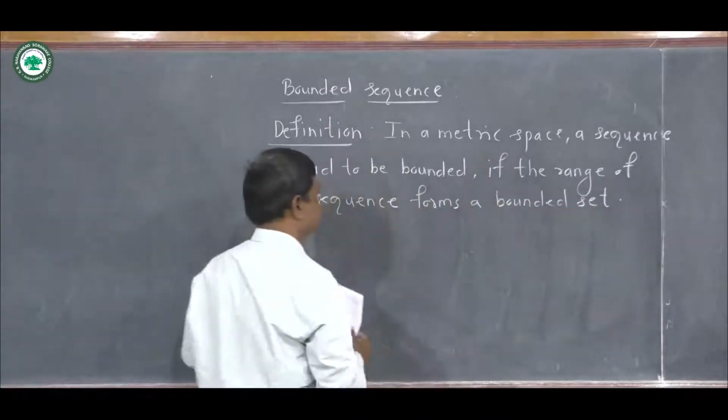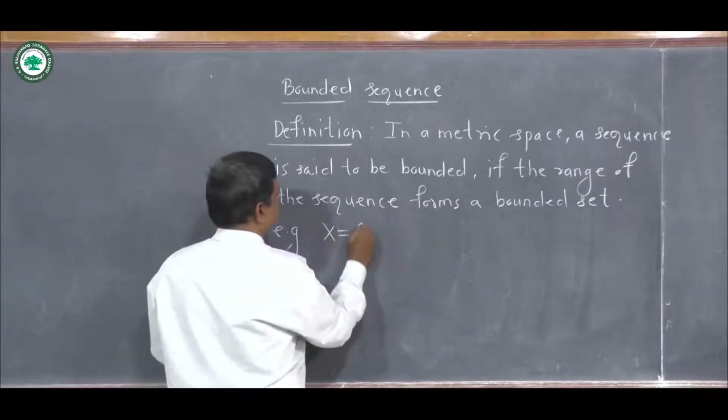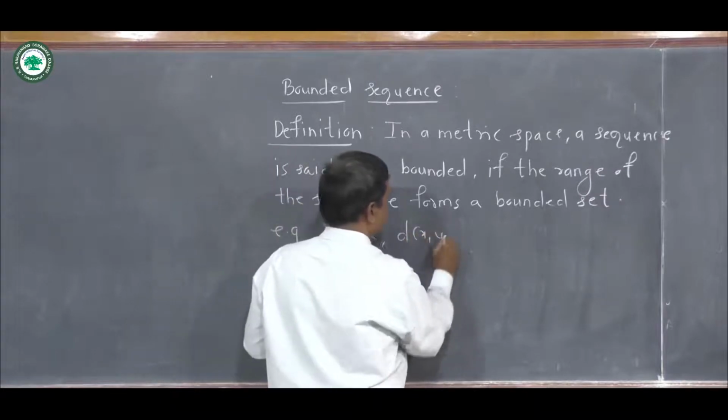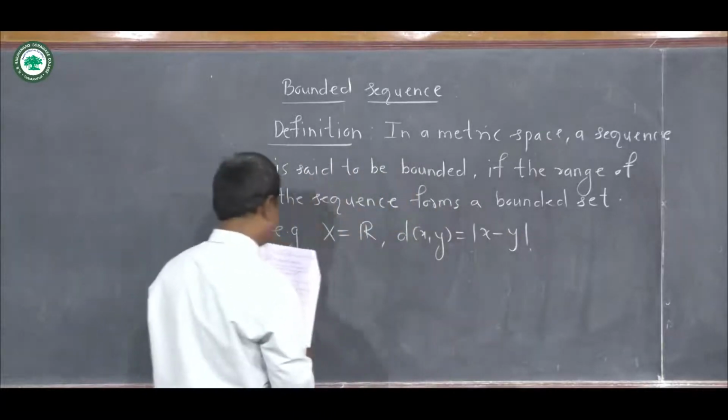Now for example, if you take X is equal to R and d of x, y equal to the absolute value of x minus y.